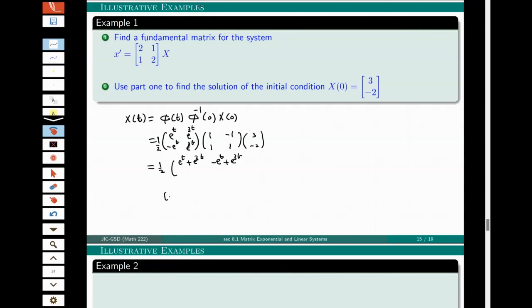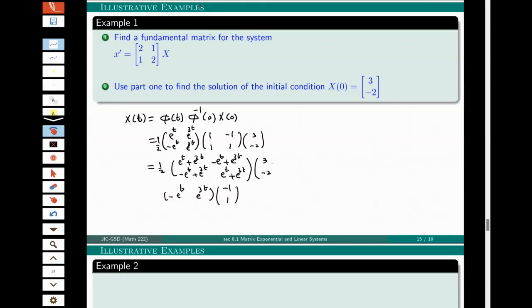Now we take the second row, which is minus e to the power t and e to the power 3t. We multiply it with the first, so it will be minus e raised to the power t plus e to the power 3t. Now, if we multiply it with the second one, it will be minus 1 and 1, so it will be e to the power t plus e to the power 3t.